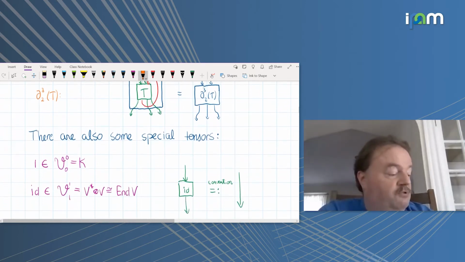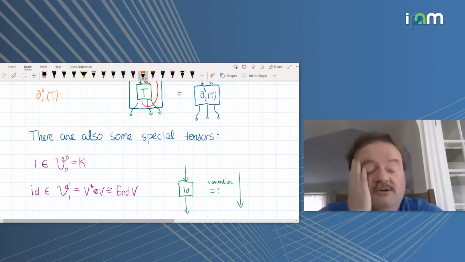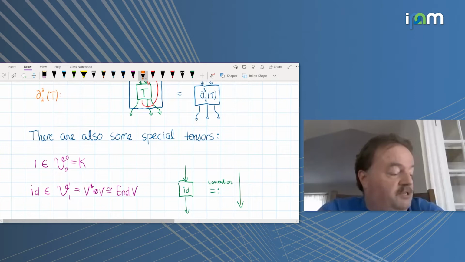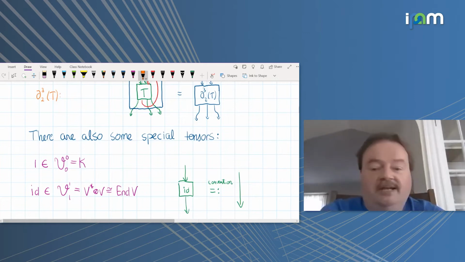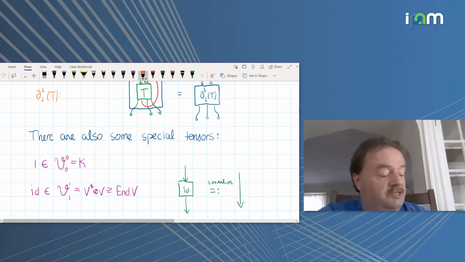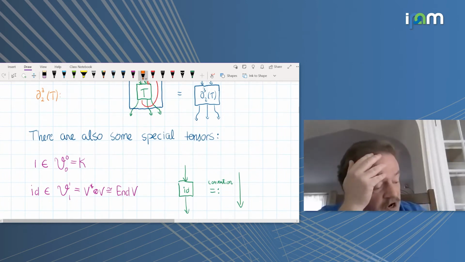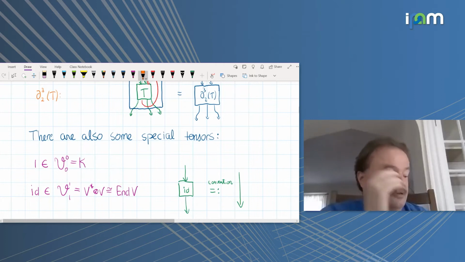And also, if you look at V dual tensor V, then we can identify this with End(V), the space of endomorphisms of V. And there is a special element, which is the identity transformation. So that is a tensor that has just one input and one output. But I will use the convention that instead of writing it in this box here, I often will just write a straight arrow here.